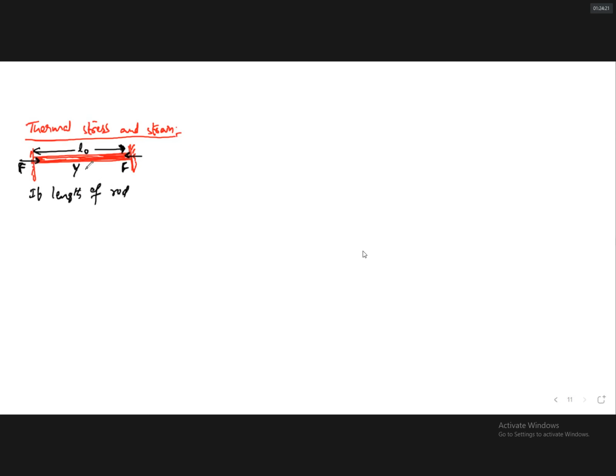Young's modulus is Y, alpha is the coefficient of linear expansion, and A is the area of cross section of the rod. On heating, the compressive strain is equal to the thermal strain. Compressive strain means change in length, delta L.